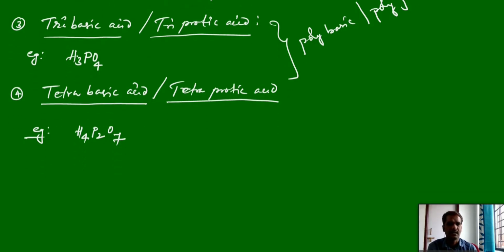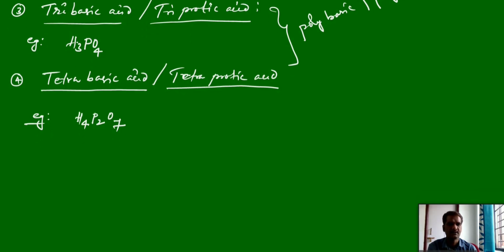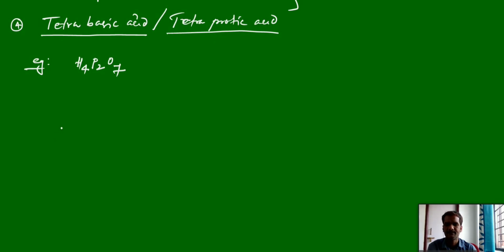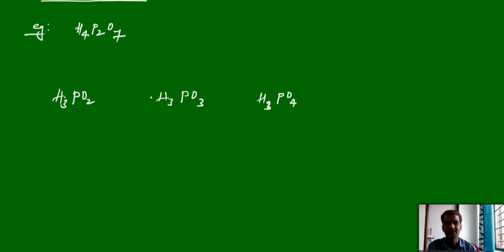And I will give some other examples apart from this. Let us take some acids like this. H3PO2, H3PO3, H3PO4. So H3PO2, H3PO3 and H3PO4. Now tell me here, what is the basicity of these acids?